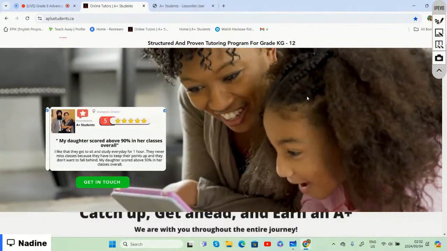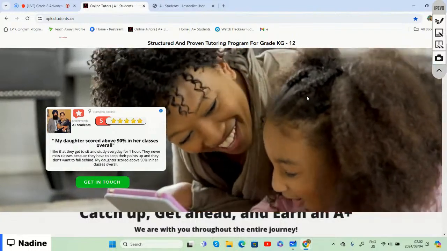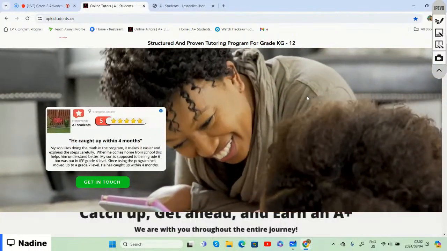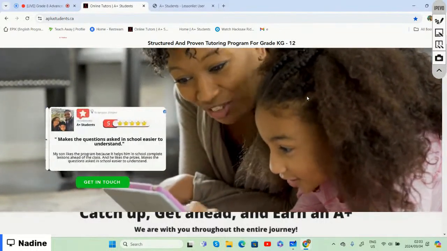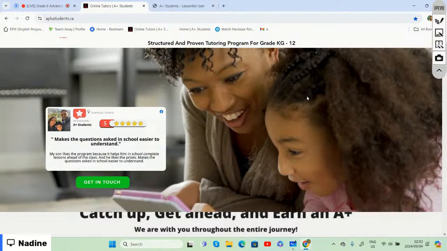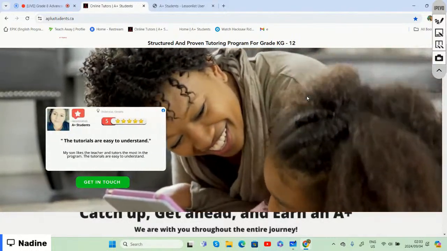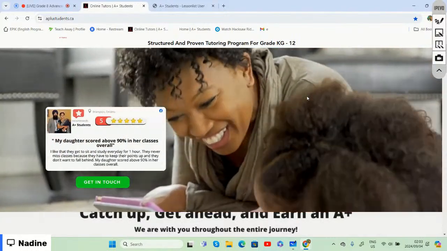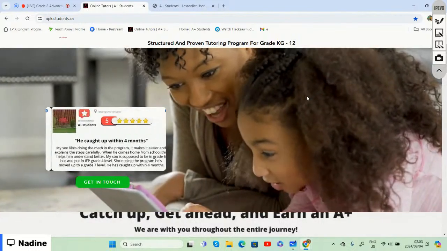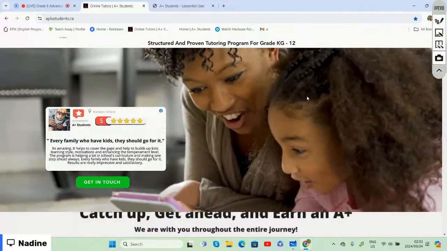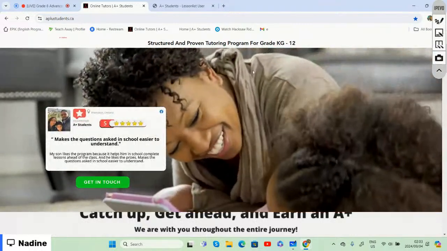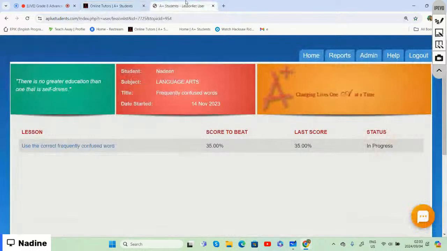All right. And then once we've done that, we're going to scroll down until we get to our chapter under grade 8 of frequently confused words.